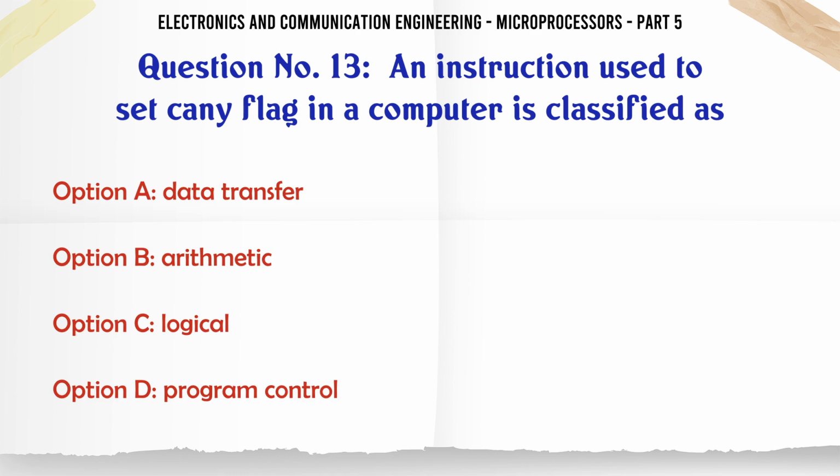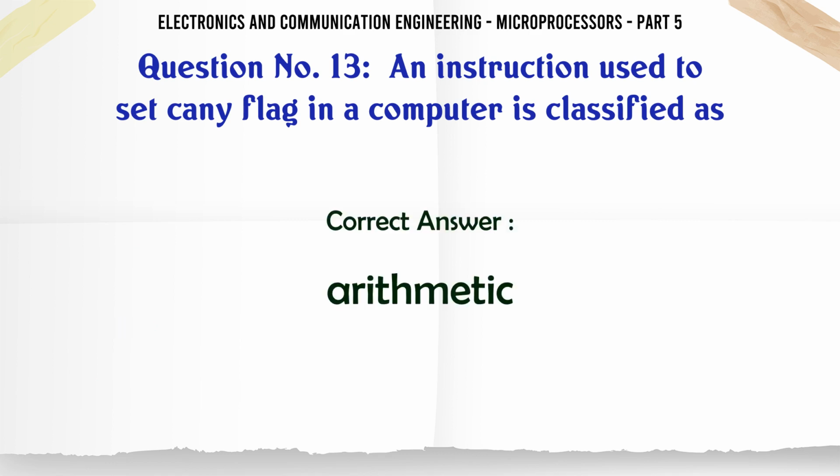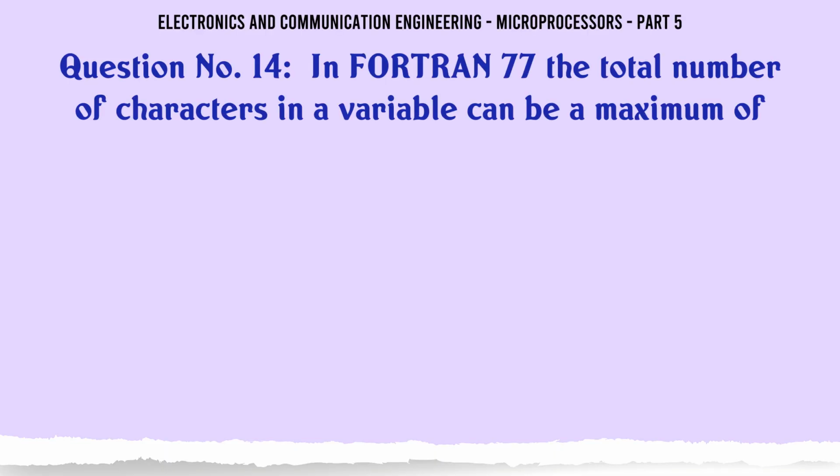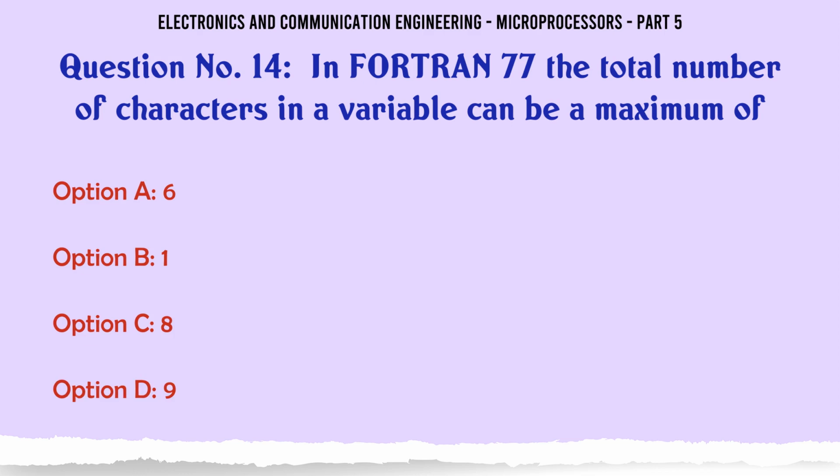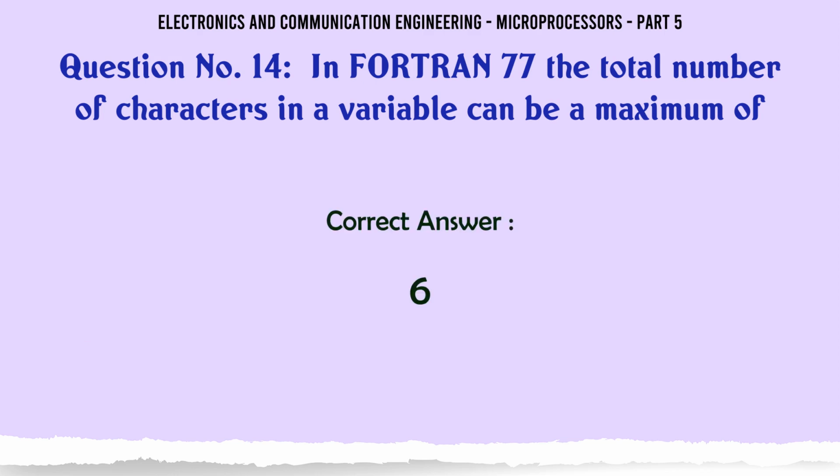C. Logical. D. Program control. The correct answer is arithmetic. In FORTRAN 77, the total number of characters in a variable name can be a maximum of A. 6, B. 1, C. 8, D. 9. The correct answer is 6.